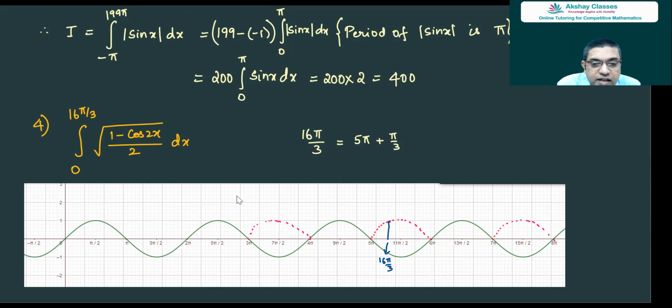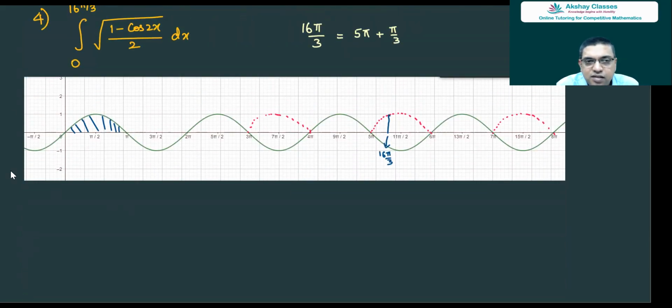Now, we can do it only over a full period. That whole graph can be repeated. You cannot just write this as 16 pi by 3 times. So many of you made this mistake.